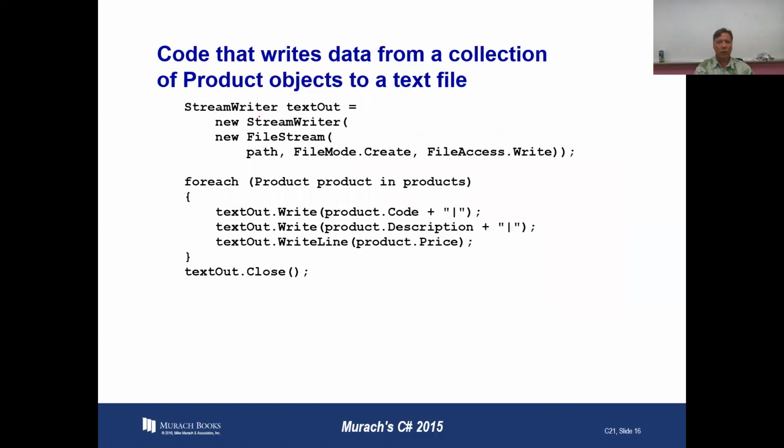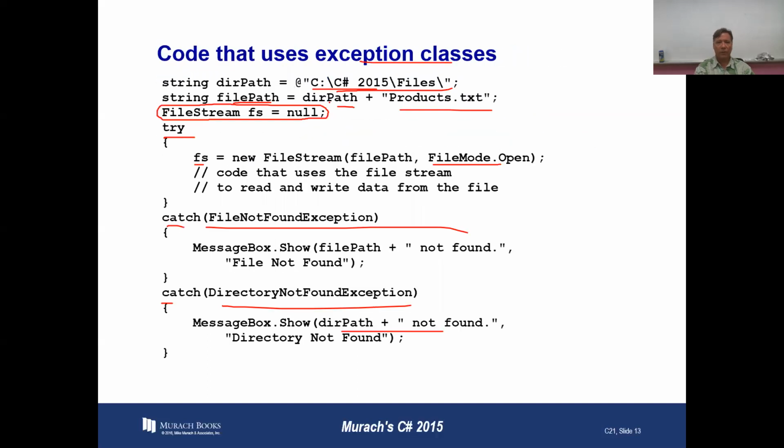You're going to create a new StreamWriter to write to a text file called textOut. Inside the StreamWriter, you define the stream to the file, the path, this file stream.